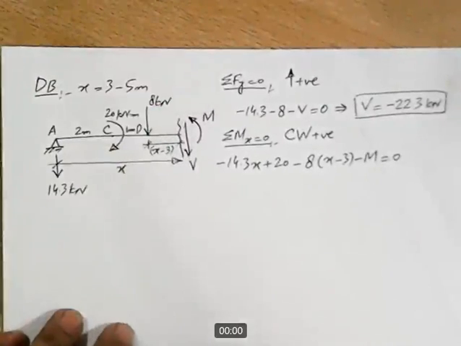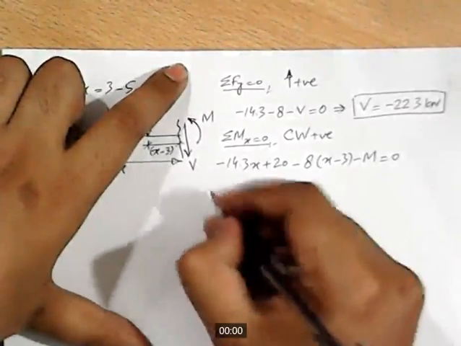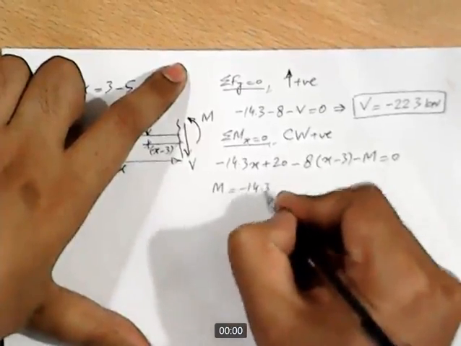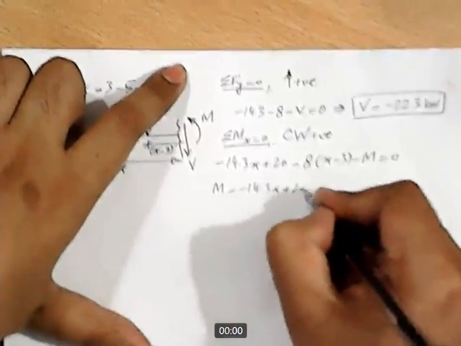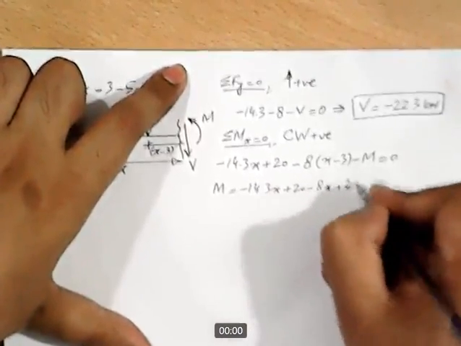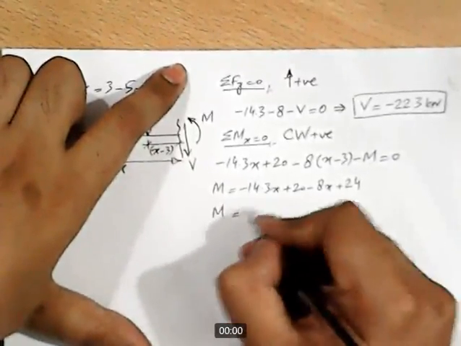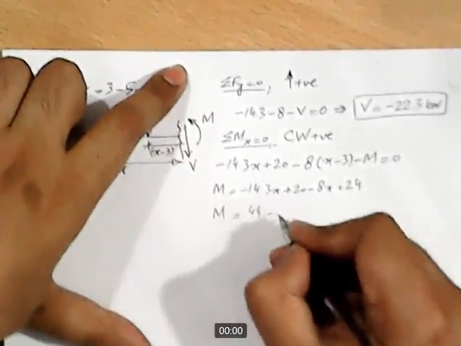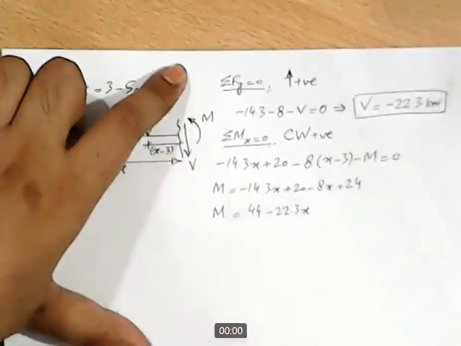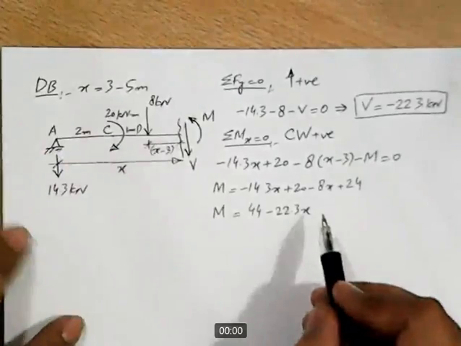Now if we rearrange this equation, M is equal to minus 14.3x plus 20 minus 8x plus 24, and finally M comes out to be 44 minus 22.3x. So this is the equation of moment for portion DB.